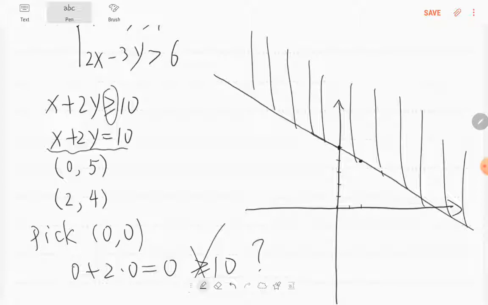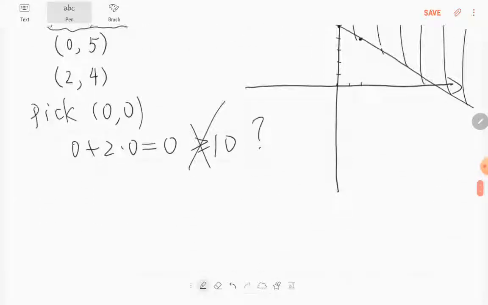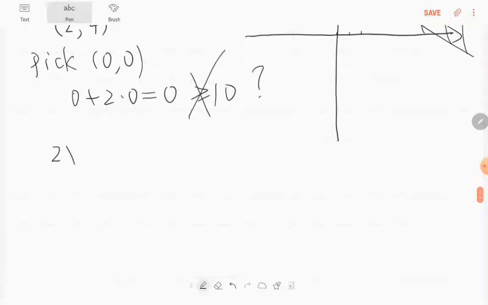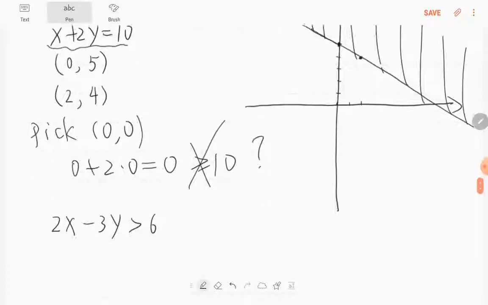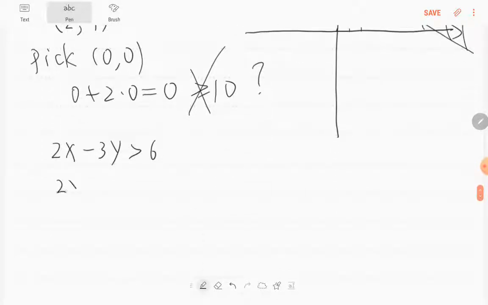So now let's look at another one. 2x minus 3y greater than 6, right? Okay, so we still look at the boundary, which is 2x minus 3y equals 6. But here, since this is greater than, the boundary should be a dashed line. That means the boundary is not included, right?